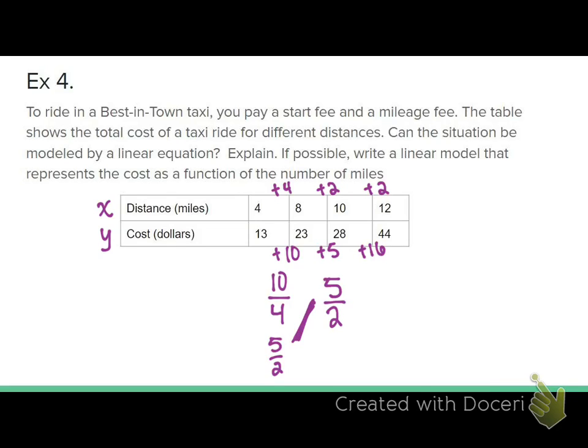but what happens when we go to the last one? What's my y change? 16 over... Is that going to be the same as those 5 over 2s? No. So because of that, a linear model will not work. A linear model does not work.